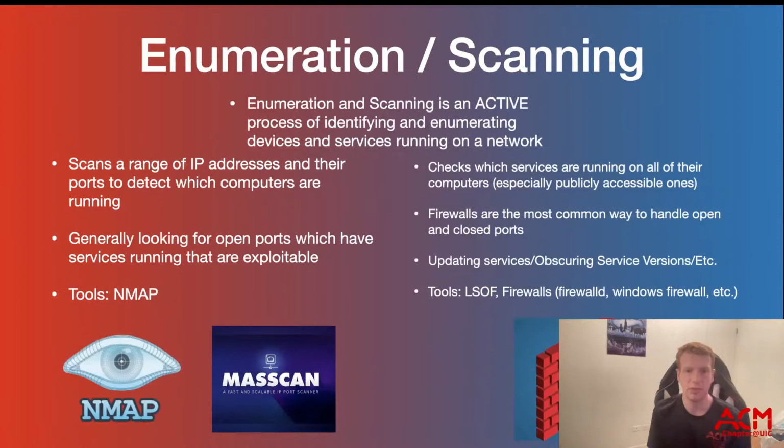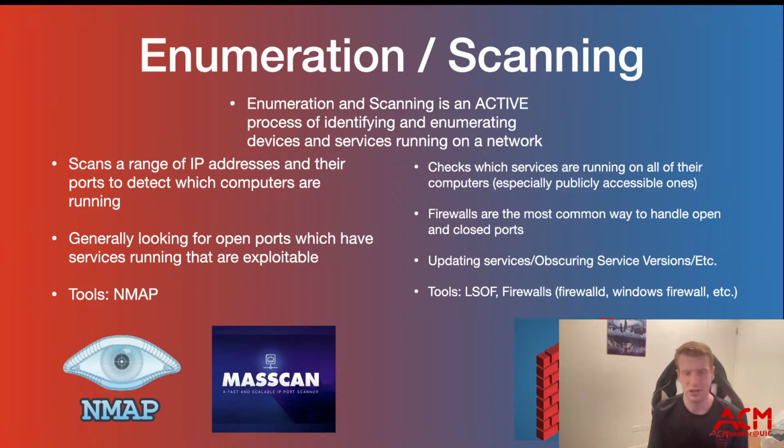So enumeration and scanning. This is probably going to be your first step in actually doing an exploit. You would use something like Nmap, which we're going to cover tomorrow, to scan a computer to get information about the network. This will tell you which ports are open, and when a port is open, that means it's actively accepting traffic.